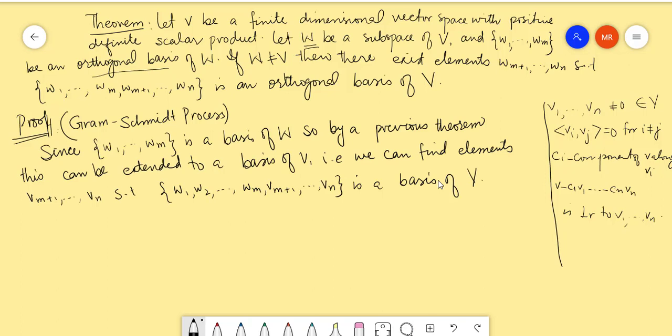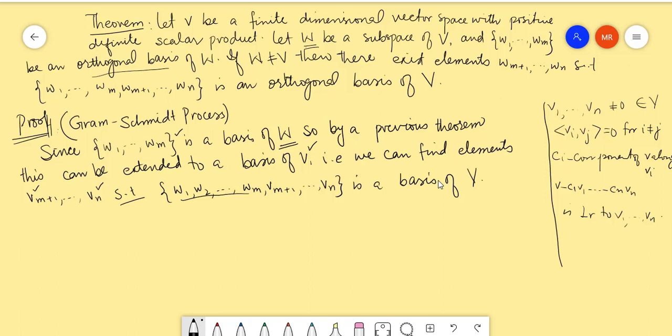Since the set w1 up to wm is a basis of this subspace W of V, by a previous theorem we know that this basis of W can be extended to a basis of V. And hence, we can find elements vm+1 up to vn such that the set w1, w2, ..., wm, vm+1 up to vn is a basis of V. The issue is that all these elements up to wm are orthogonal. But vm+1 may or may not be orthogonal to these elements.